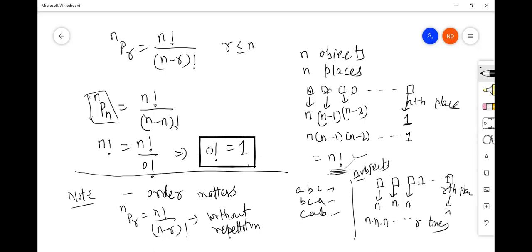So the number of permutations of n objects taken r at a time when things are repeated will be n to the power r. And this is the reason why, whenever you take the tossing of coins, you have two ways, head or tail.